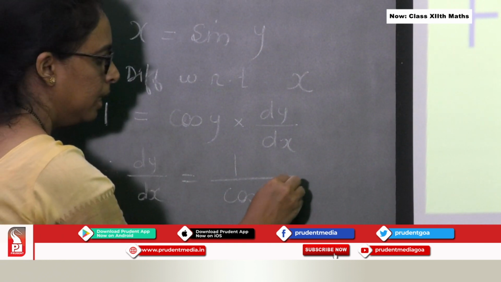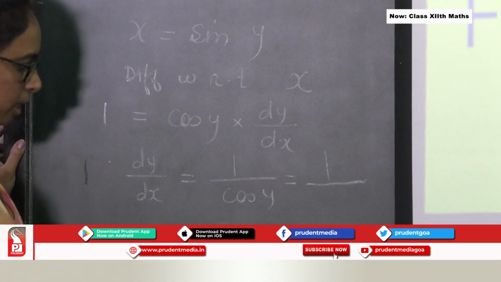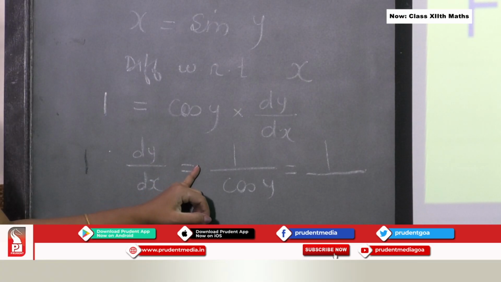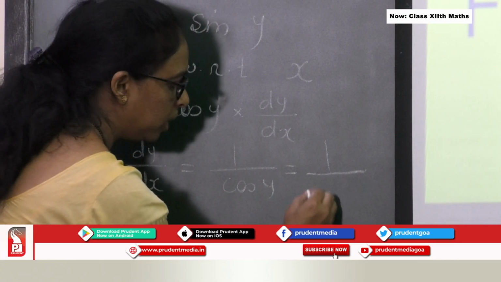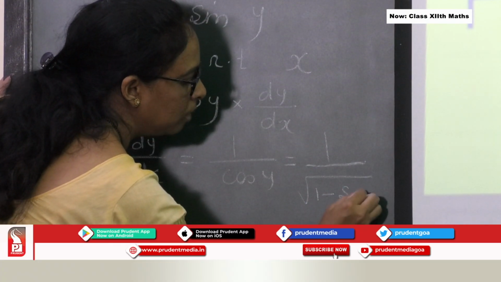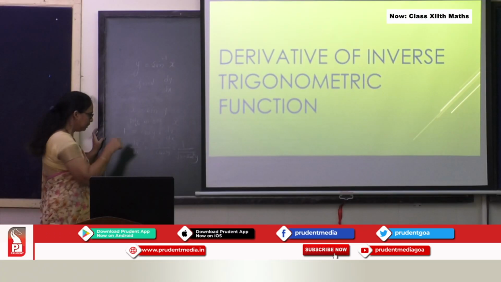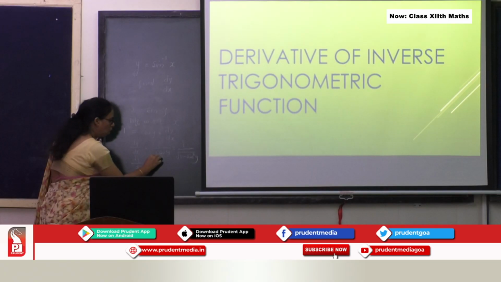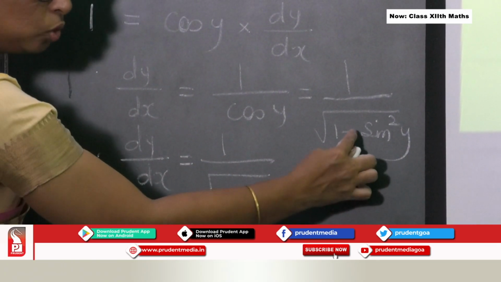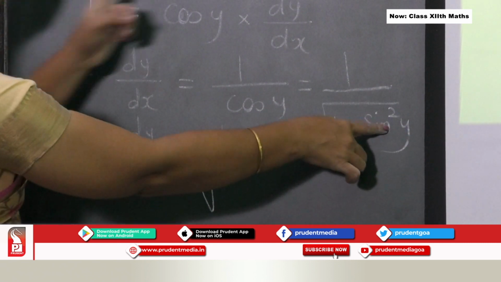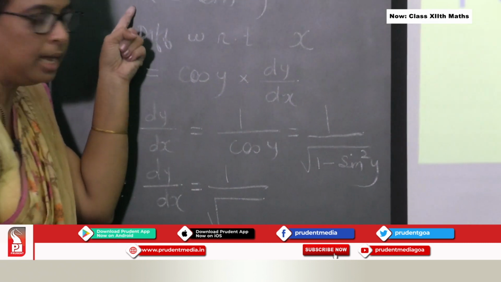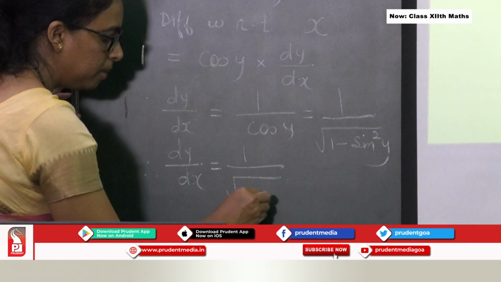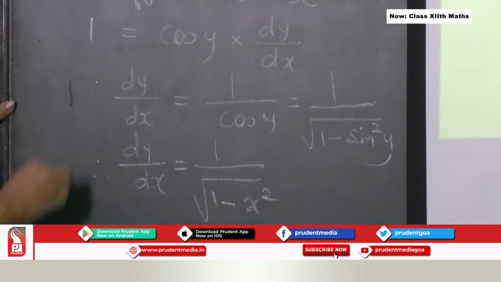But we very well know that this can also be written as 1 upon, using the trigonometric identity sin square y plus cos square y equal to 1, which allows me to write cos y as square root of 1 minus sin square y. And therefore what I finally obtain is dy by dx equal to 1 upon square root of 1 minus sine square y. I also know that I can replace sine y by x, and therefore my answer for dy by dx will be 1 upon root 1 minus x square, knowing that sine y is equal to x.